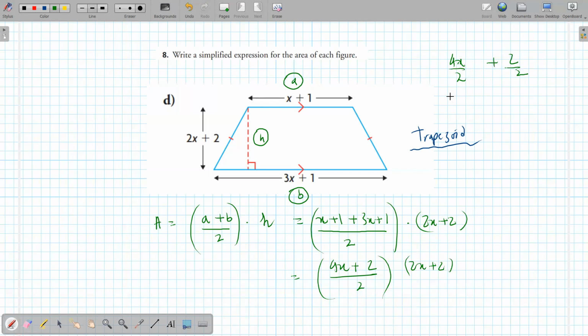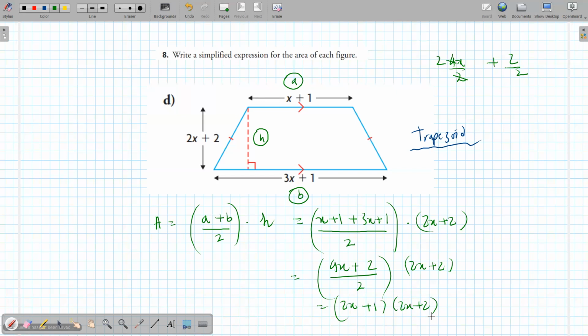It is 2x, okay? 4x over 2, look at this. 2 goes into 4 twice. 4x over 2 is 2x. What is 2 over 2? 1. So you have 2x plus 1 times 2x plus 2, like that.